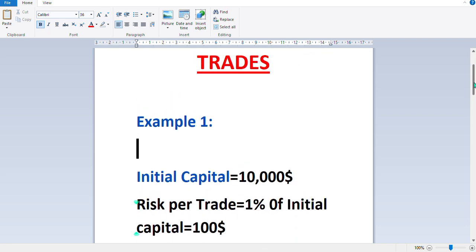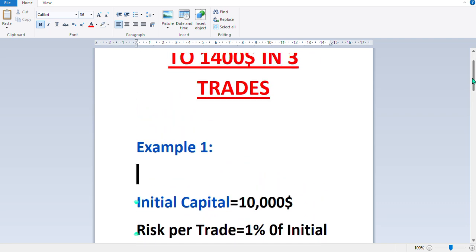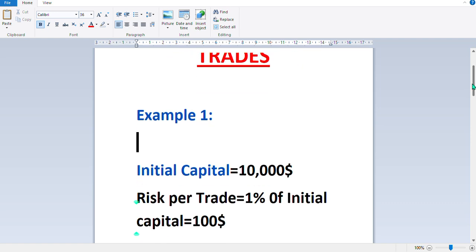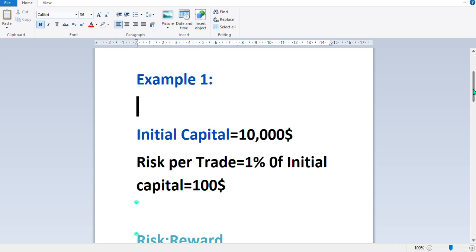Right here, we are assuming that our initial capital is $10,000. So $10,000 is the amount of capital available in a trading account. Suppose you have $10,000 and you want to use it to make trades.